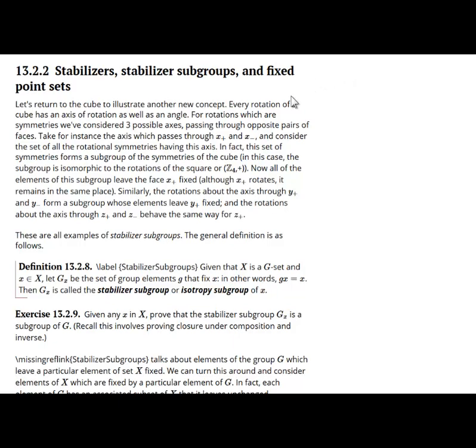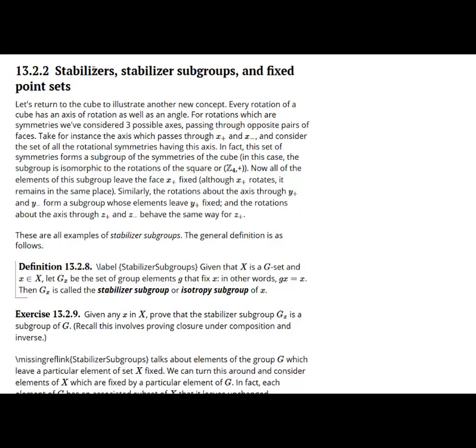So we continue our discussion of symmetry groups acting on sets by defining some new concepts: stabilizers, stabilizer subgroups, and fixed point sets. Just to give you a preliminary idea, stabilizer means something that doesn't change something.